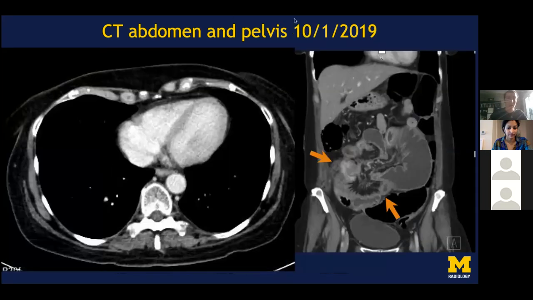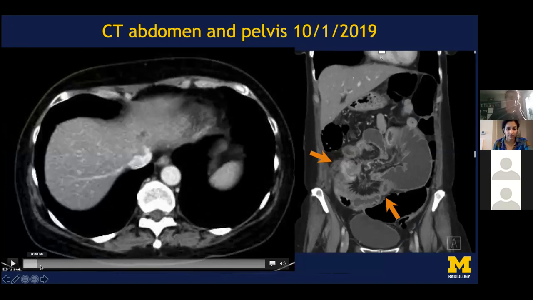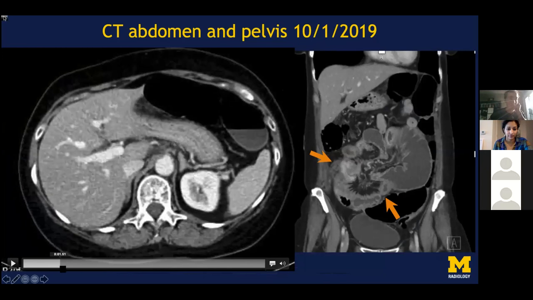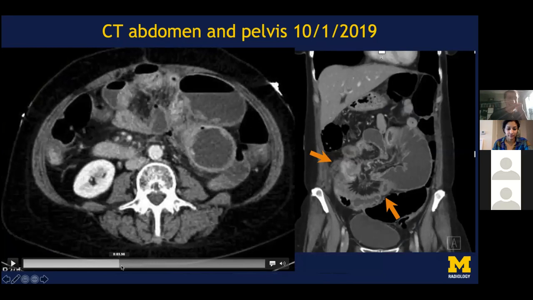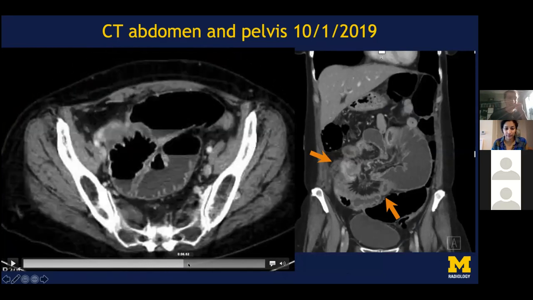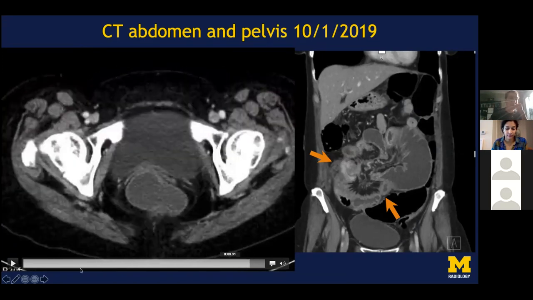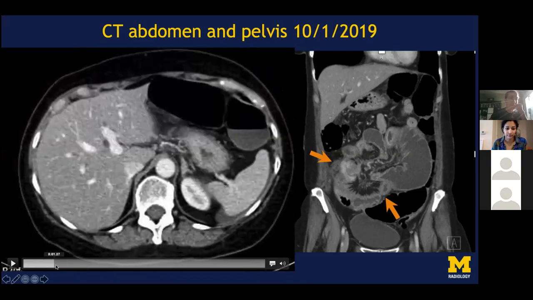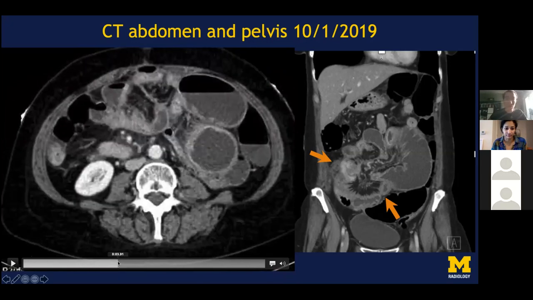So here, a little more than a year later, the patient came back to the emergency room and got another CT scan. So this is what it looks like at this second stage. As you can see, she now has a multifocal closed loop obstruction with several transition points.